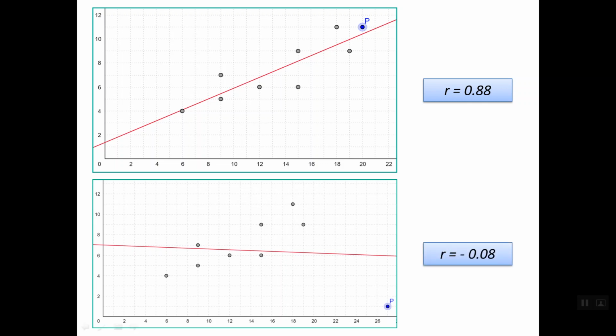So the coefficient, instead of being positive, becomes negative, and the strength becomes very weak. In this case, the value of r is minus 0.08. So this is the effect of having an outlier point.